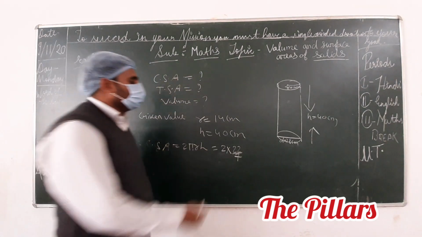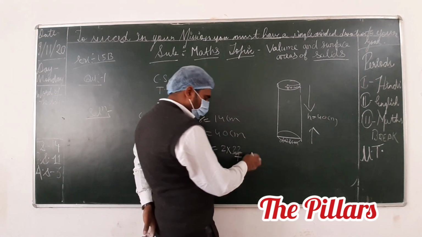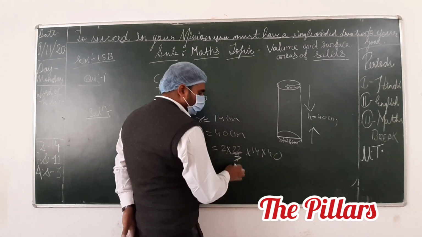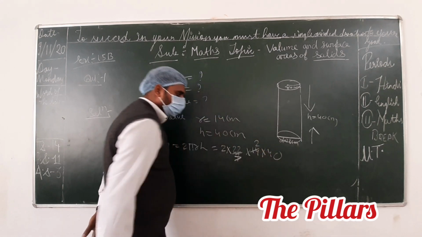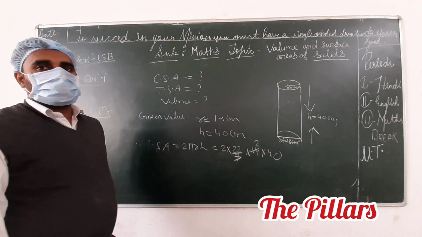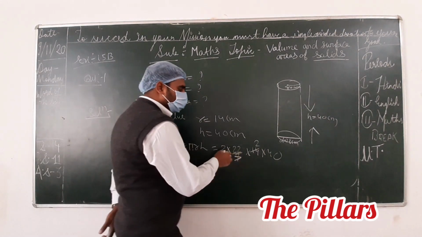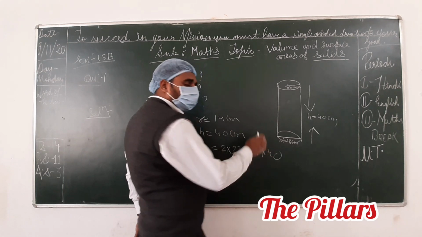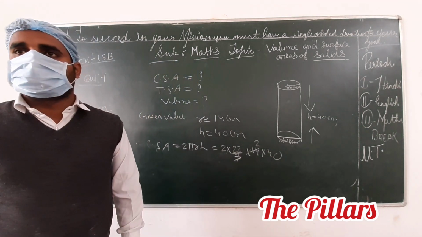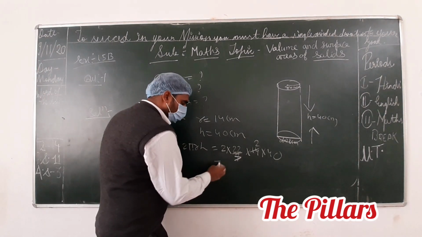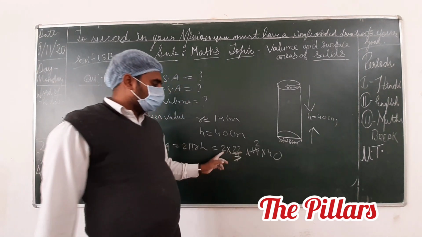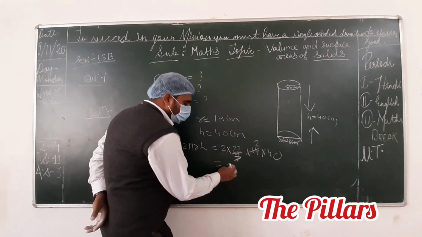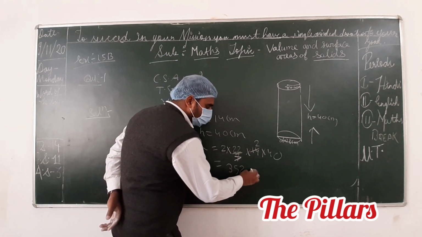Value of R, 14, into 40. 7 2s are 14, 22 2s are 44, 44 2s are 88, 88 4s are 352, and 1 zero here.